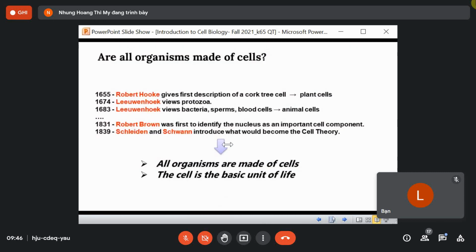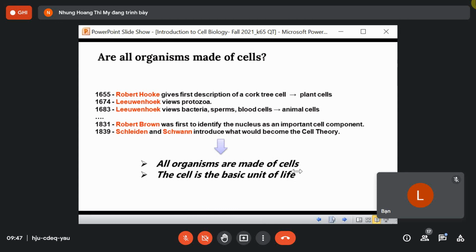So based on this, the cell theory was made during the 18th and 19th century. Based on the discoveries of the scientists, they concluded two statements. The first is that all organisms are made of cells, because they observed animal cells, plant cells, and microorganisms like bacteria, and they found that all of the organisms are made of cells.